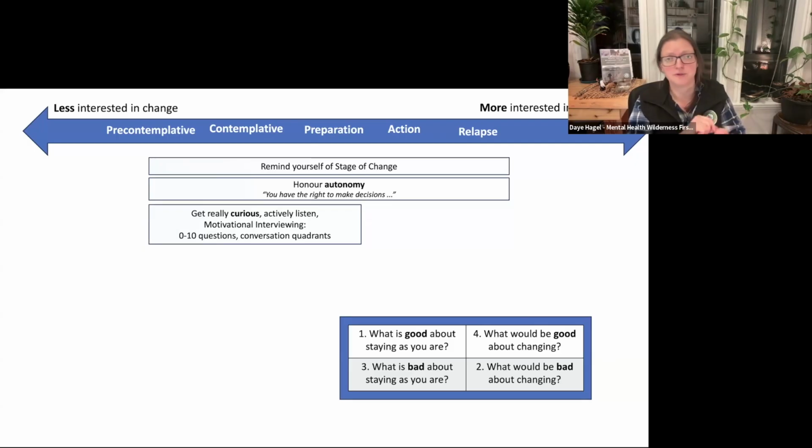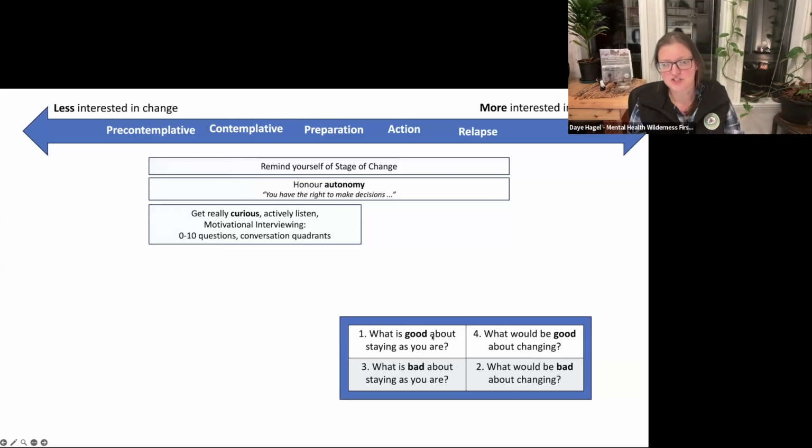Eric looks like has been burning himself, so there's some non-suicidal self-injury there. And the first thing you want to do is lean into, okay, let me just really get curious about where this behavior is coming from. What is good about not changing the behavior, right? So you said it kind of helps you. Tell me a little bit more about that, right? So you get really curious about that.